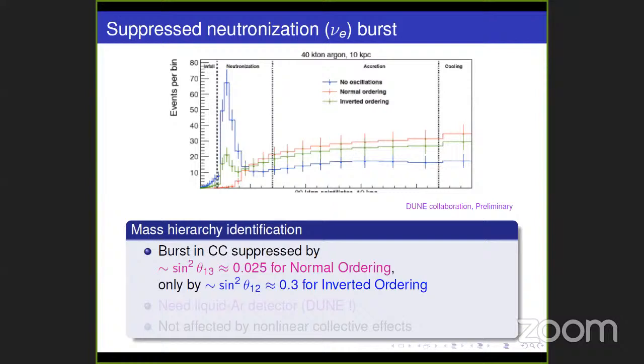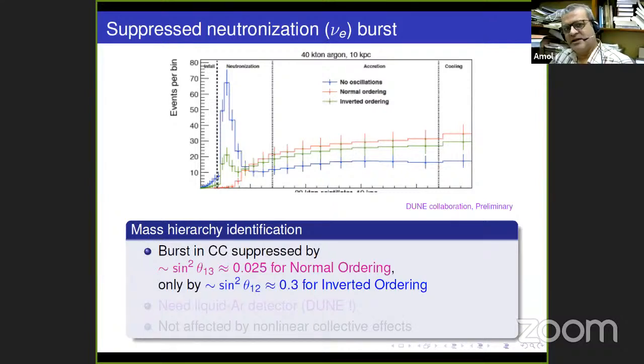Turns out that you cannot have collective effects if there are only electron neutrinos, because collective effects require that along with electron neutrinos you also have electron antineutrinos, because they have to convert in pairs. So collective effects have no impact on the neutronization burst.